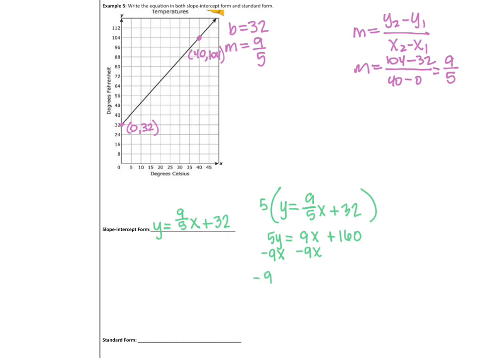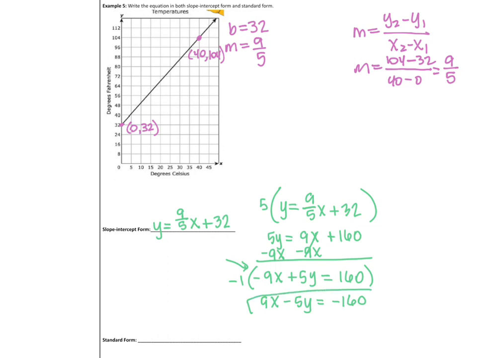So we have negative 9x plus 5y equals 160. Oh no, I have a negative a. So I'm going to multiply everything by -1 so that I have 9x minus 5y equals negative 160. And guys, that is going to be my final answer in standard form.